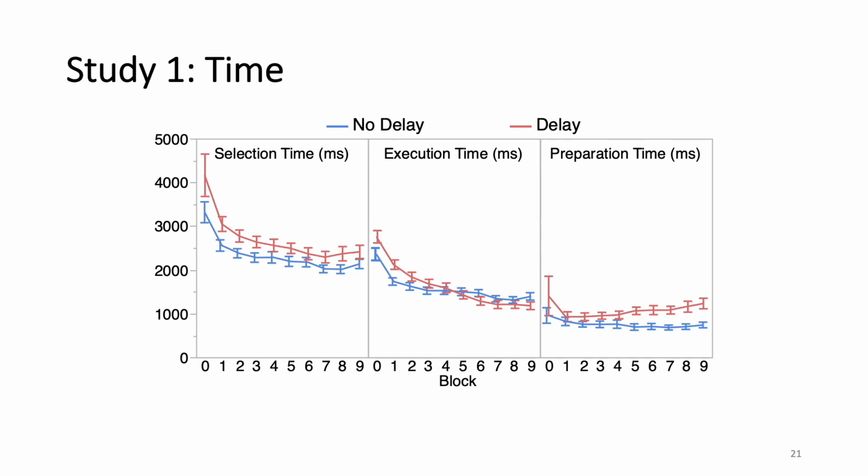Overall, we found that selection time was significantly greater for a delayed menu, and in the graphs here, we see that overall selection time and preparation time improved for a no delay marking menu. Around block 4 or 5, execution time appears to converge, and preparation appears to move onto separate trajectories.